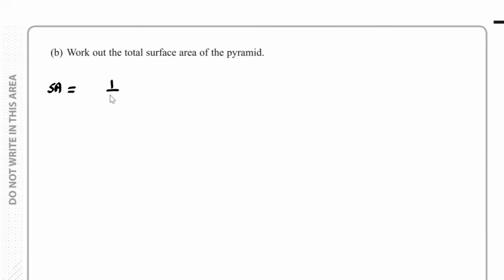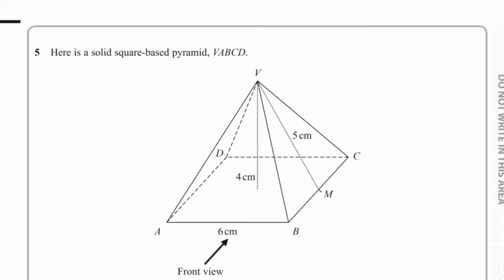well, to work out the area of one triangle, we have 1/2 times by the base, which is 6, times by the height of 5. And we have 4 of them. And then we have the square, which has an area of 6 by 6.